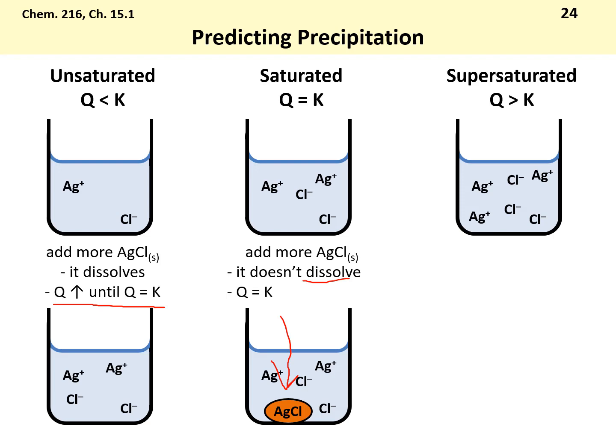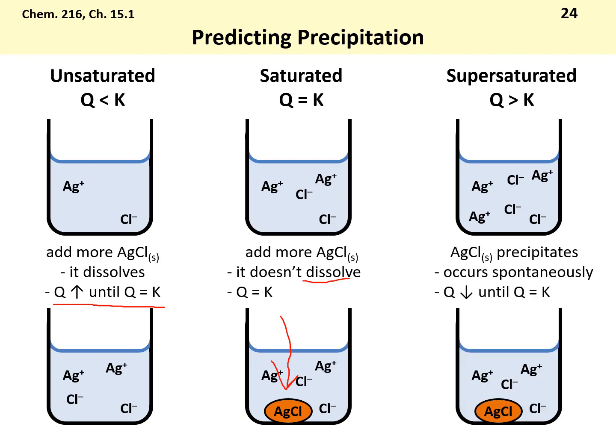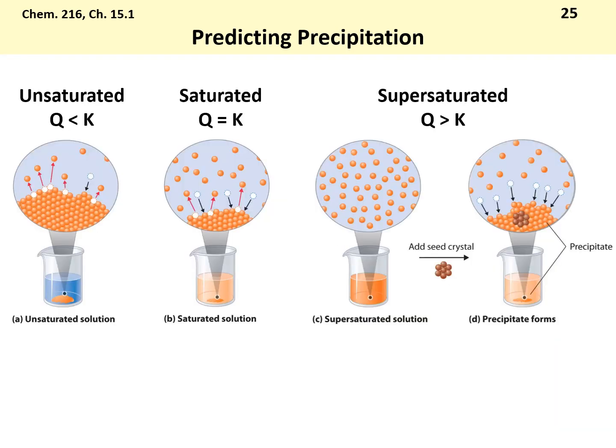And let's say I have a supersaturated solution. What's going to happen is all that AgCl, or some of it, is going to start precipitating to form a solid. This will occur spontaneously until Q is equal to K. Here's a visualization of this on a microscopic level.